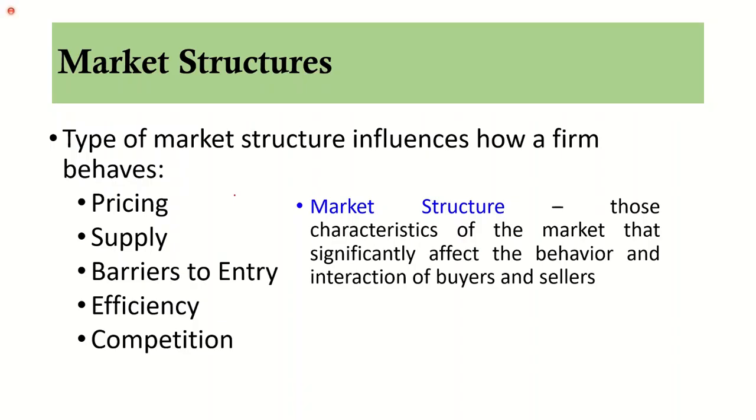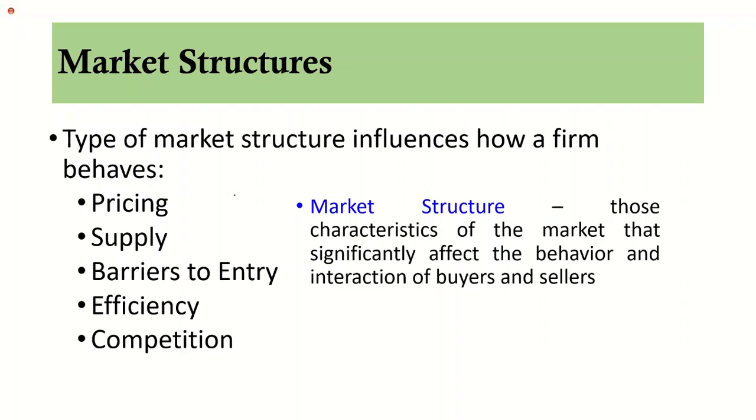There are different types of market structures that you would see in the world around you. So what is a market structure then? Market structure refers to those characteristics of the market that significantly affect the behavior and interaction of buyers and sellers.